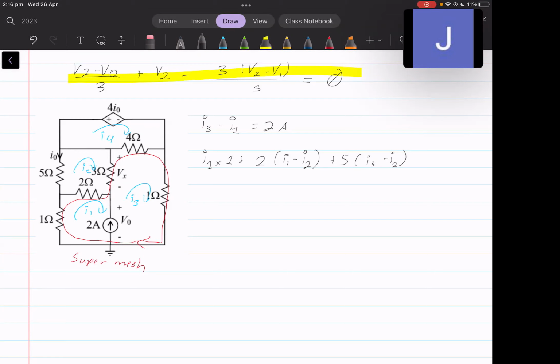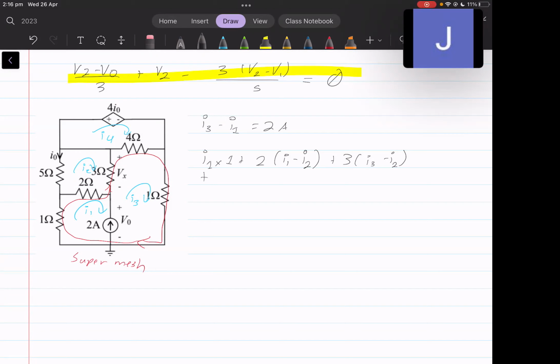And then we're doing I1 minus I2, which is the current flowing in the direction of the mesh, multiplied by the 2 ohm resistor. And then again, we've got I3 minus I2, which is the current flowing in the direction of the mesh, multiplied by, that is a 3 ohm resistor. Yep, 3.